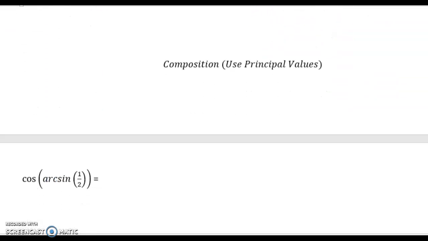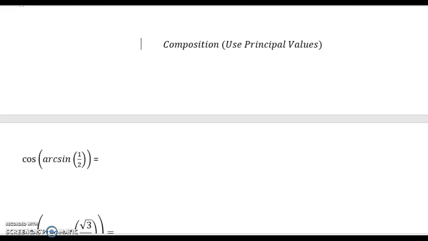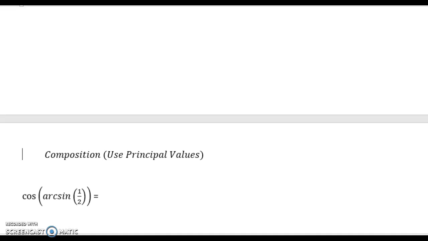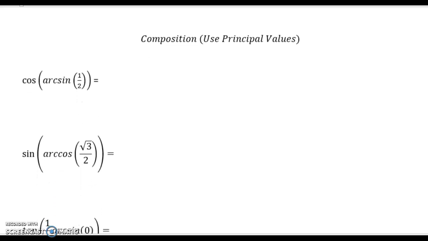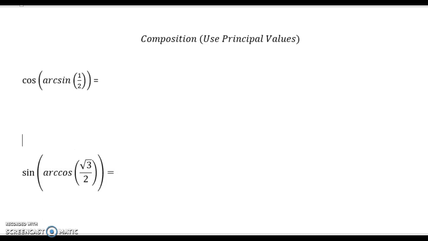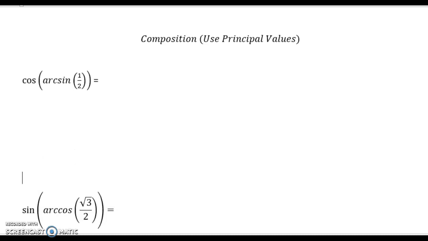All right, we're going to talk about one more thing, and that is composition using principal values. When you do a composition problem, you'll always use principal values. So, composition, we're going to do one thing, then plug our answer into the next thing. For instance, on this one, we have arc sine 1/2.